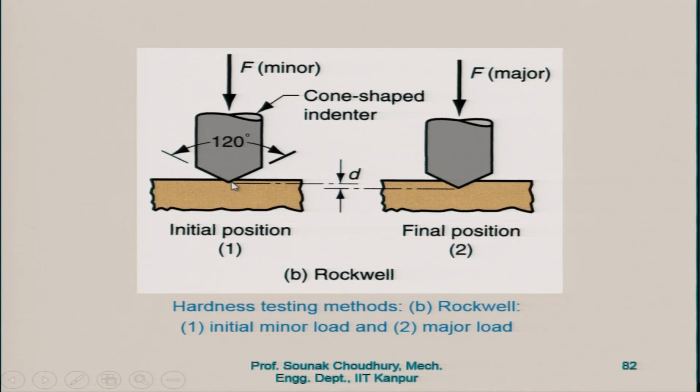The difference between these two, initially this line and then the final indentation, is the value d, which is used to find the Rockwell hardness. The machine will itself estimate that and determine the Rockwell hardness.